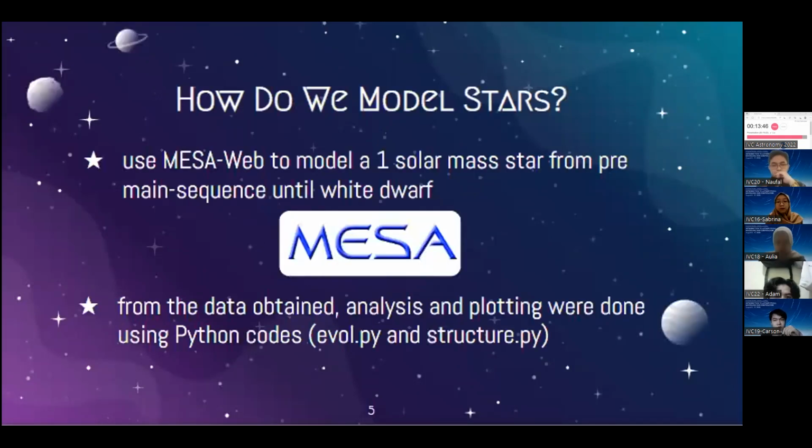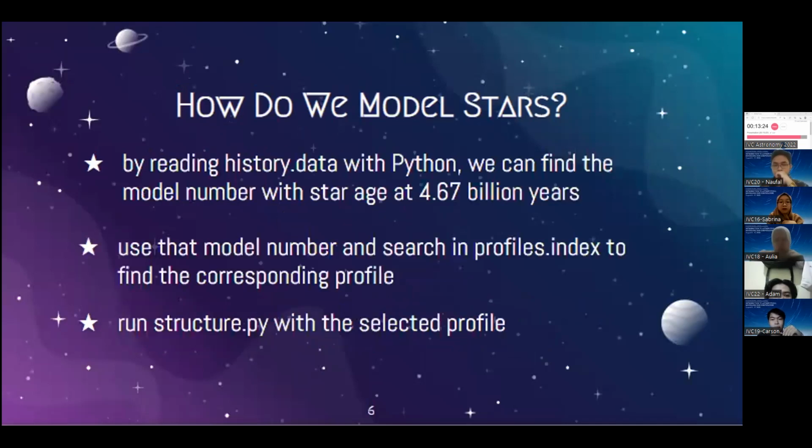In this project, we use MESA-WEB to model a one solar mass star from pre-main sequence until white dwarf. Then from the data, analysis and plotting was done using Python codes, mainly evo.py and structure.py. By default, MESA stores its data in the logs directory.